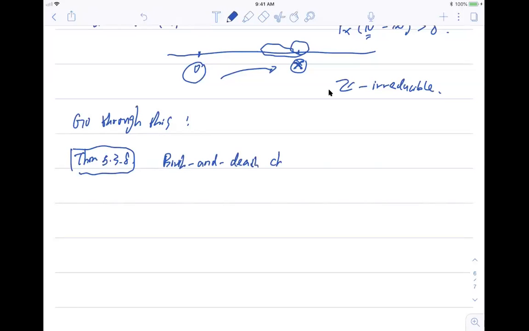I haven't talked about the birth and death chain. It's actually a very interesting and very useful thing, but I won't have time to talk about that.